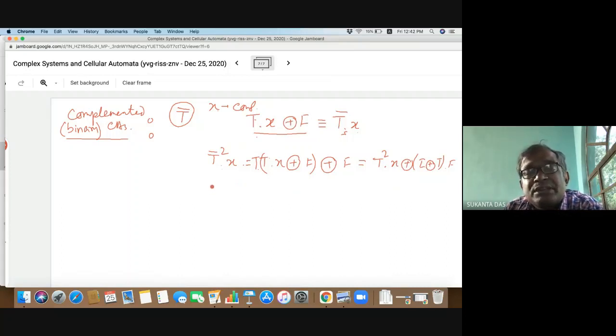So in this way, if I expand it systematically to the power P, you'll find T to the power P into X, where this X is matrix multiplication, then plus I plus T squared plus up to T to the power P minus 1, into F, right?